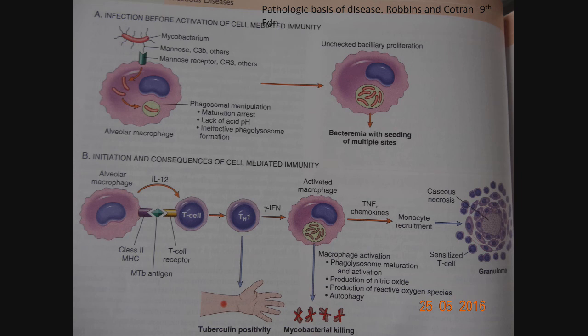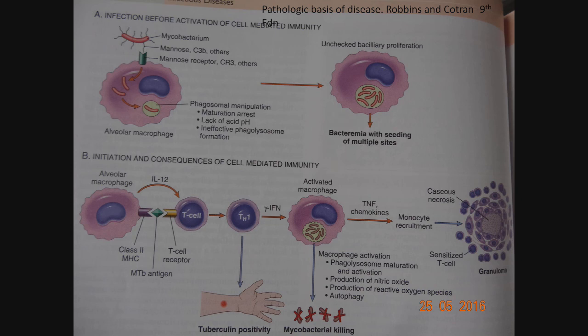So the activated macrophage is very powerful, and that leads to phagolysosome formation, and then as we discussed last week, free radicals are produced and destroy the bacteria. This interferon is also probably the cause for the formation of the epithelioid cell, which is a modified macrophage.